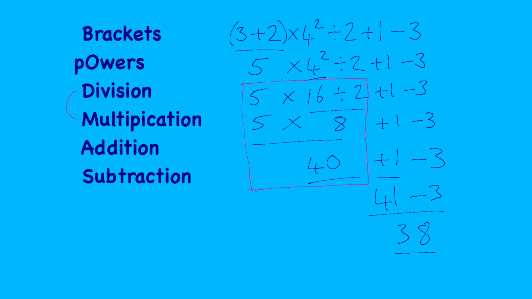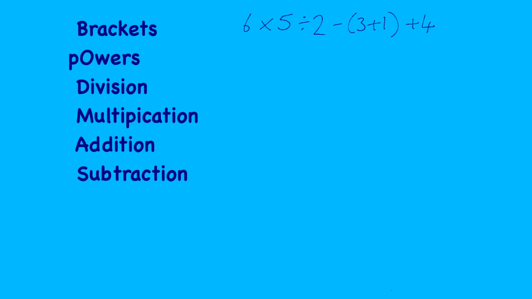It's the same thing with the addition and subtraction. I could have done the subtraction first. I could have done 40, take away 3, which is 37, plus the 1, which is 38. So again, I can do these in any order. So I must do brackets first, then powers, then I do division and multiplication, and then last I do addition and subtraction.